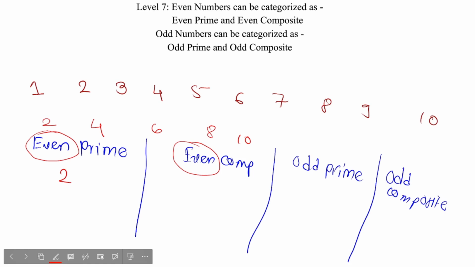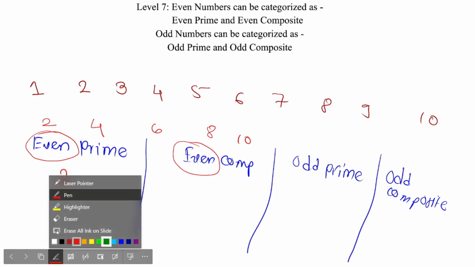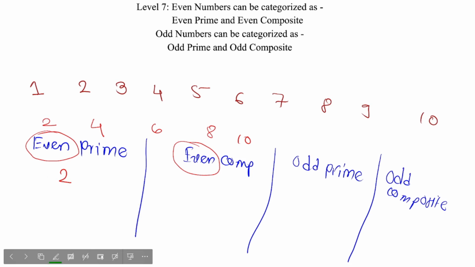But what about the 4? 4 is divisible by 2, 4 and 1, so it is not an even prime. 6 is also not an even prime because it is divisible by 2, 3, 6 and 1. 8 is also not an even prime because it is divisible by 2, 4, 1. And 10 is also not in the category of even prime because it is divisible by 2, 5 and 1. So we have found only one even prime.